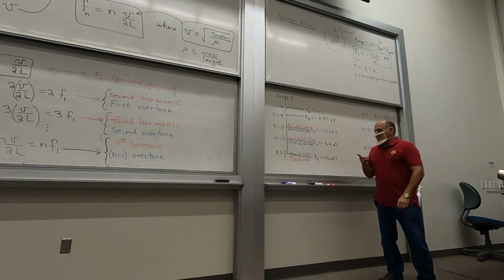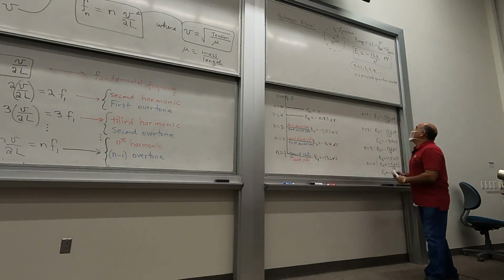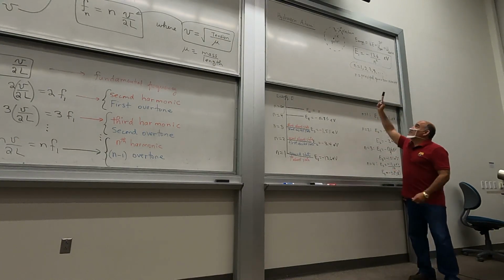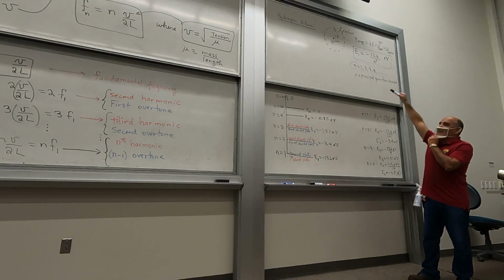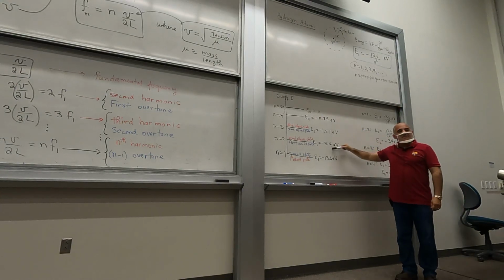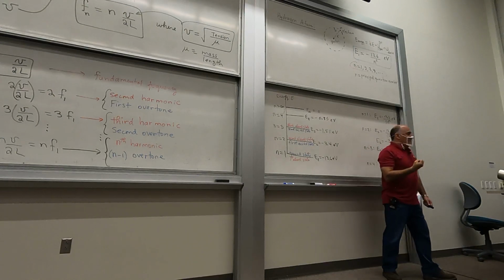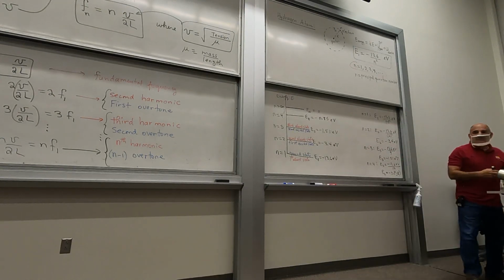Another connection that I want to make with this is the following. If that electron is bound to go around the proton, then its energy is negative. Having a negative energy means that the electron is bound to orbit around the proton.